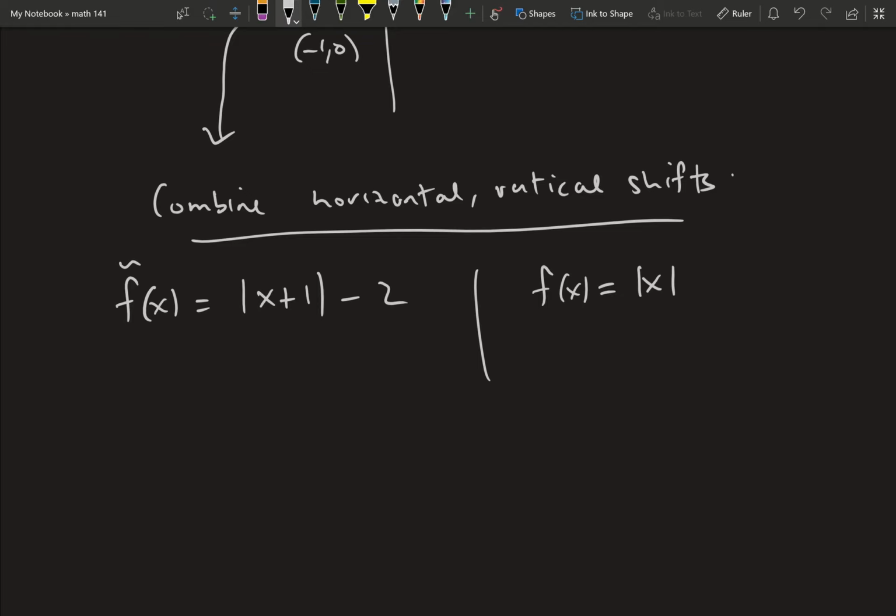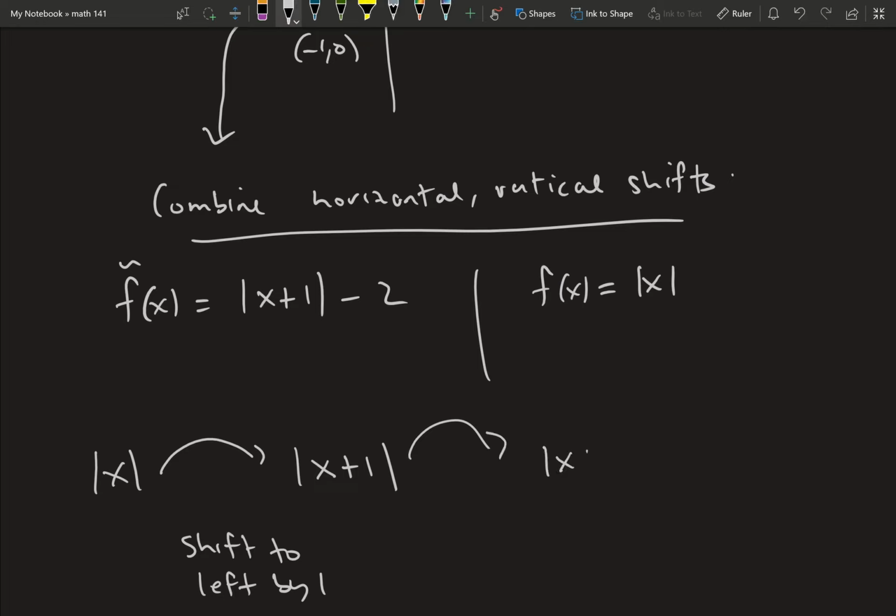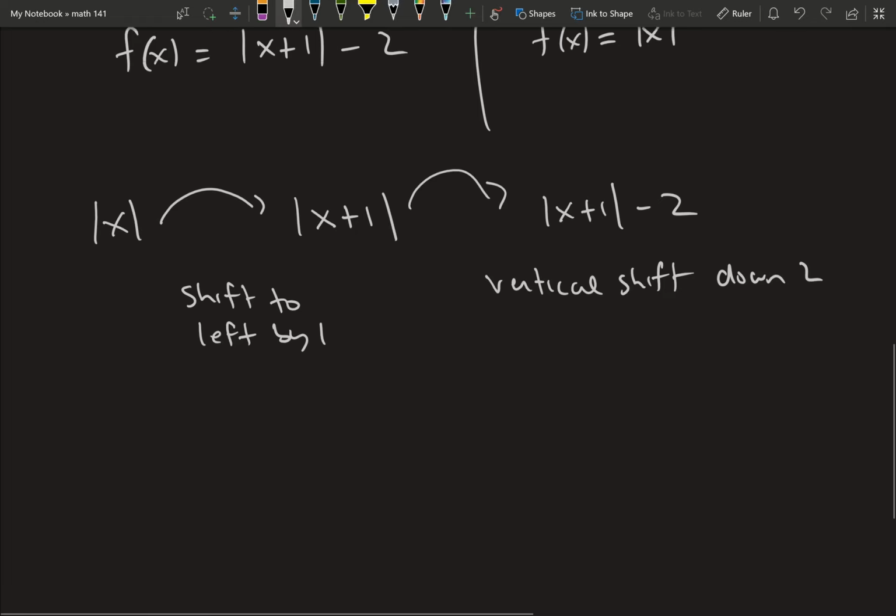Now how do we get to f tilde, where we start with the absolute value of x? We do one transformation, which is a shift to the left by 1 unit. And the next transformation is that we subtract 2. So this is a vertical shift down by 2.